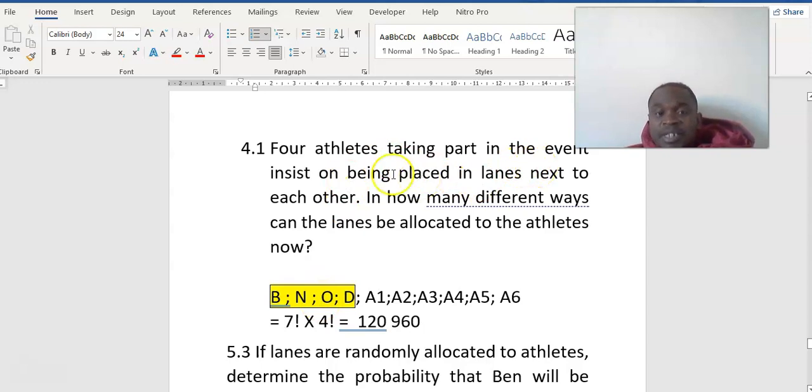Because the question says 4 athletes taking part in the event insist on being placed next to each other. So you count them as 1. So this is going to be 1, 2, 3, 4, 5, 6, 7. 7 factorial. And these athletes, we can swap them around. So they are 4. 1, 2, 3, 4. So that's 4 factorial. When you press this on the calculator, you get this.